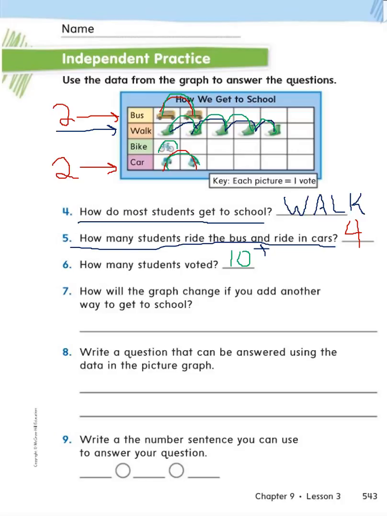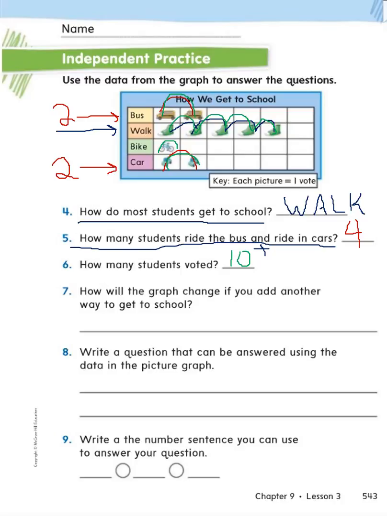Number 8, write a question that can be answered using the data in the picture graph. Oh, I wish we were in the classroom together so I could hear your question. Make a question that I might use on a test. Finally, number 9.